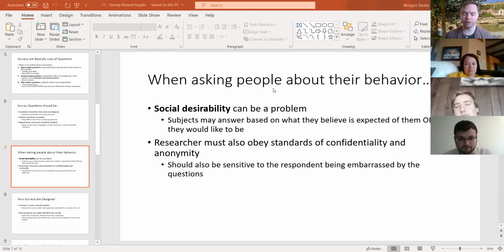Because if you're asking someone about their criminal behavior, that person probably doesn't want that information turned over to the police or made public, that this person admitted to using this drug X number of times the past year. Like, that's an embarrassing thing. You don't want an employer knowing that. You don't want your professors or family members knowing that. So asking those types of questions, the researcher has to keep in mind the ethics of what they're asking.